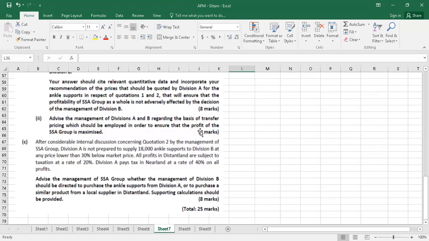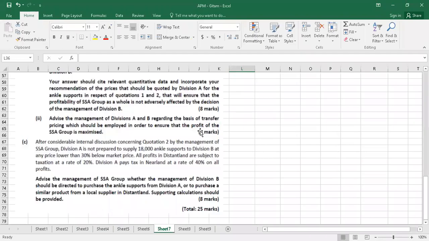Even if they earn higher revenue in near land, the tax rate is 40%. So ultimately, we have to check what the impact is. If lesser revenue is earned by transferring the material to distant land, they would be benefited at a tax rate of 20%. So price is the same 10.5 on all 18,000 units. They do not want to compromise on that.